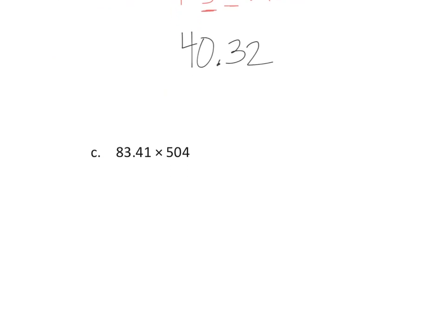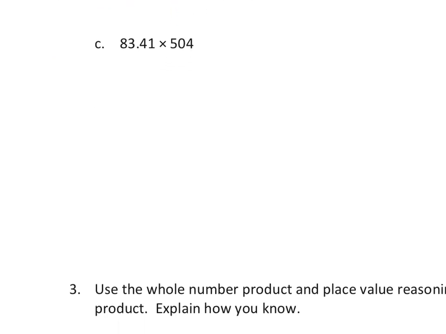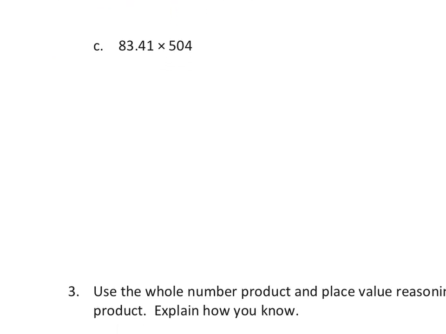I'm going to move down to C and tell myself, okay, I've got 83 and 41 hundredths. So 83 and 41 hundredths, let's multiply that by 100 to get rid of the decimal.